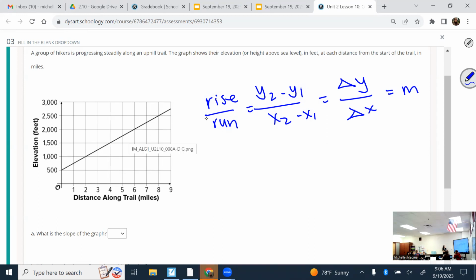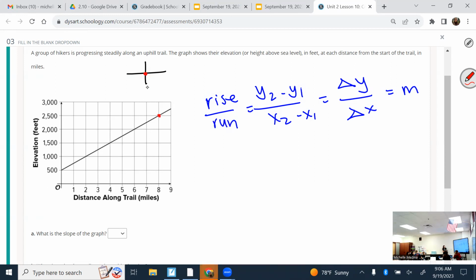But let's see. Anytime you're trying to use rise over run, or even y2 minus y1 over x2 minus x1, you want to pick points that you can see really clearly. So you want the line to be touching right in the center of the points you pick.